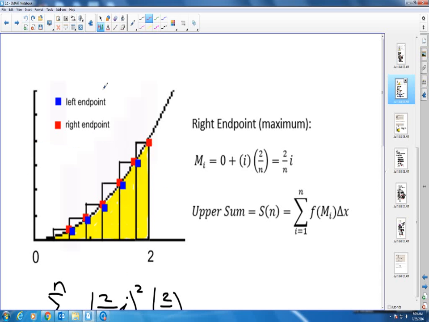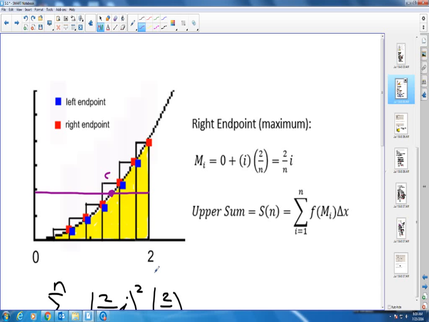Excuse me, let me draw it this way. If I pick c right here, then this part is my f of c, and I'm going to draw this rectangle all the way out to my ending at 2.